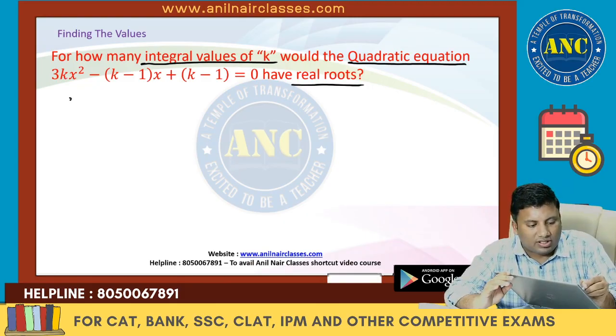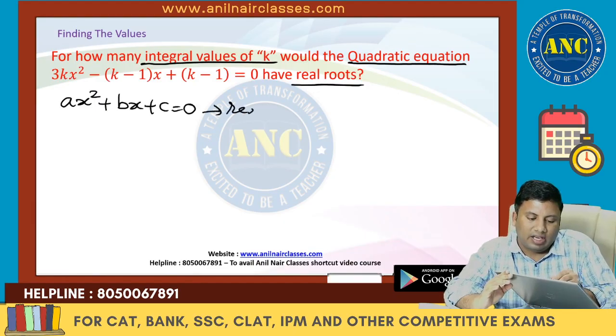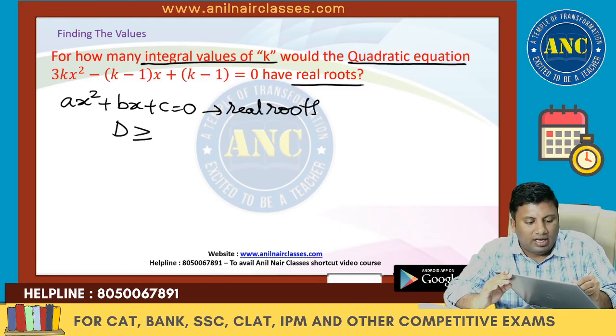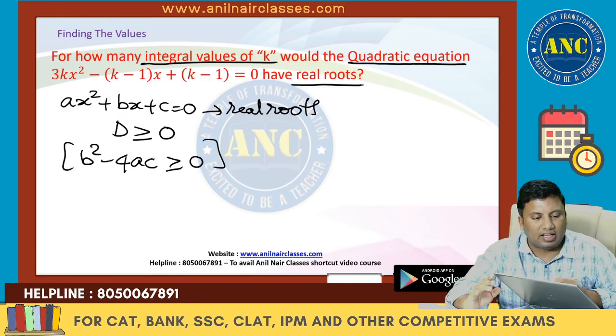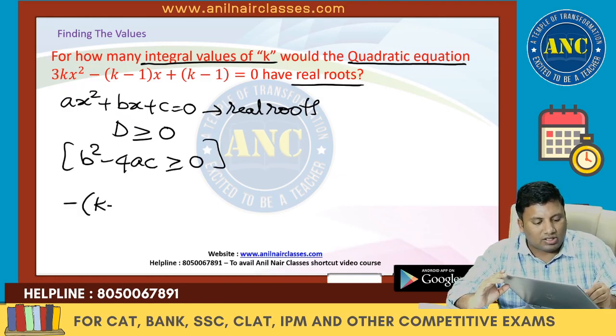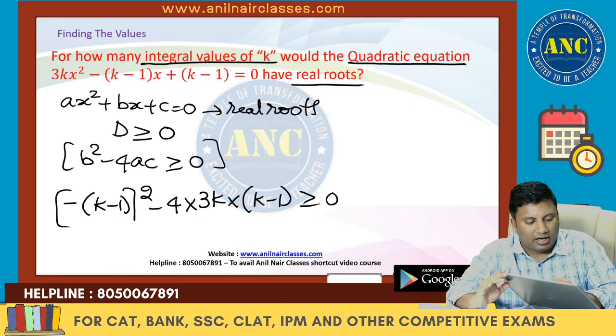Real roots means if ax square plus bx plus c equivalent to 0, this equation has real roots only when D is greater than or equivalent to 0, that is b square minus 4ac greater than or equivalent to 0. Minus of (k minus 1) whole square minus 4 into a is 3k, c is k minus 1, greater than or equivalent to 0.